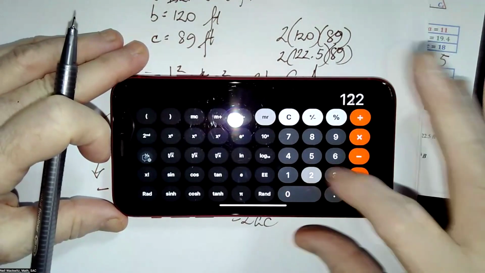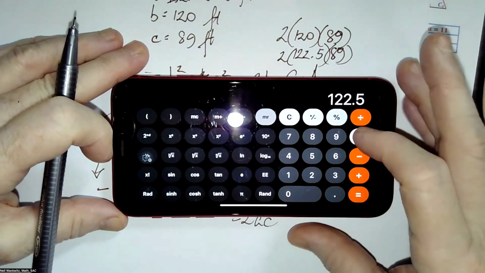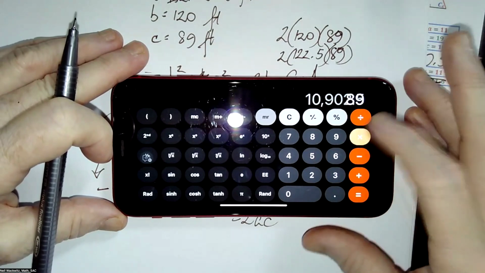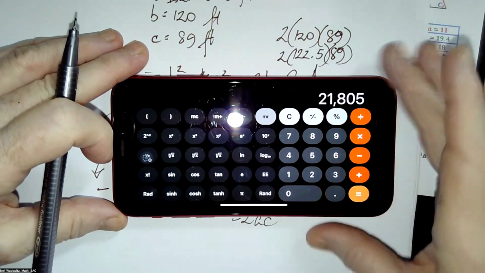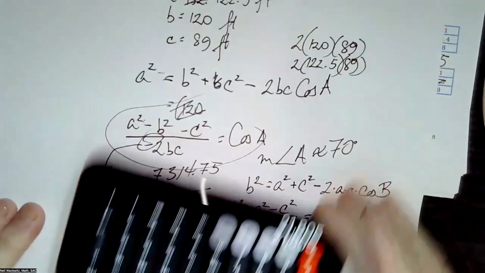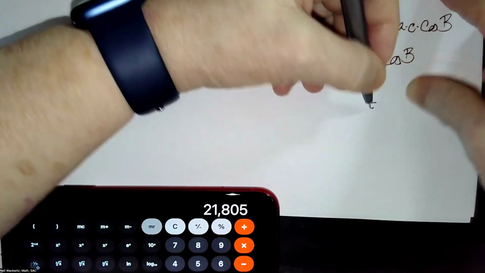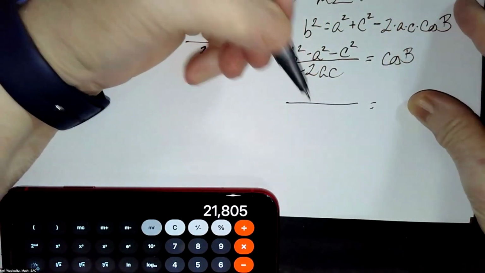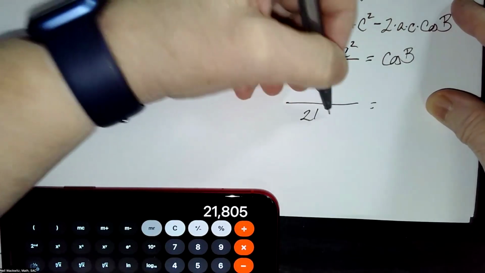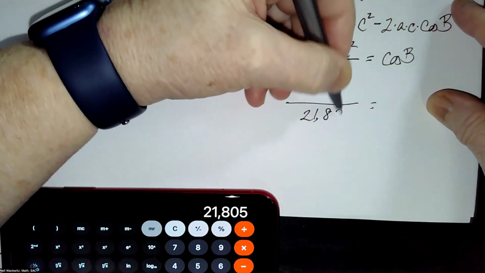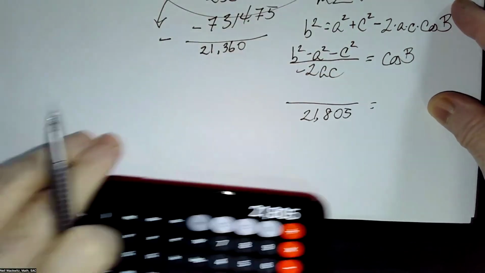Yeah, 122.5 times 89 times 2. So the denominator here is 21,805.